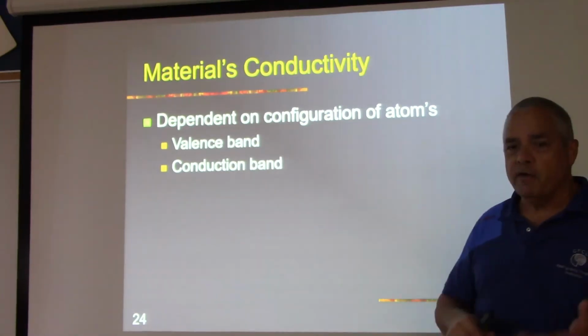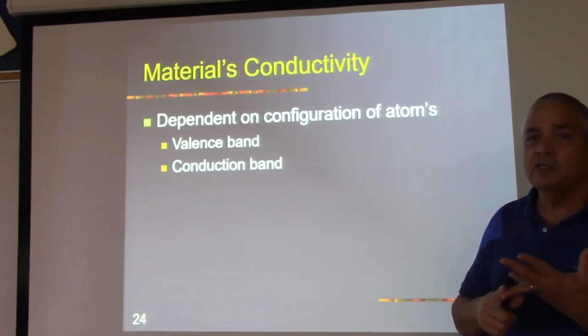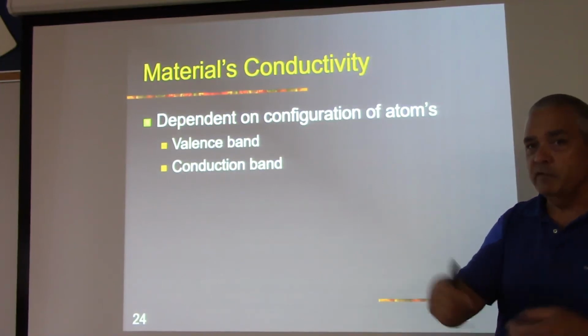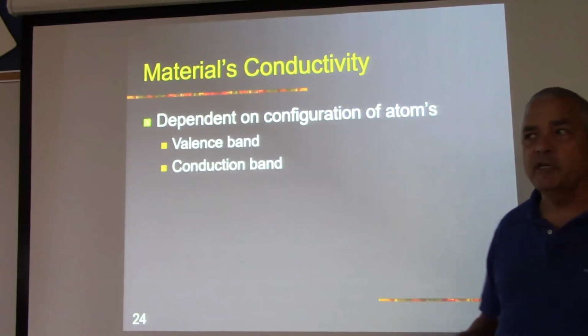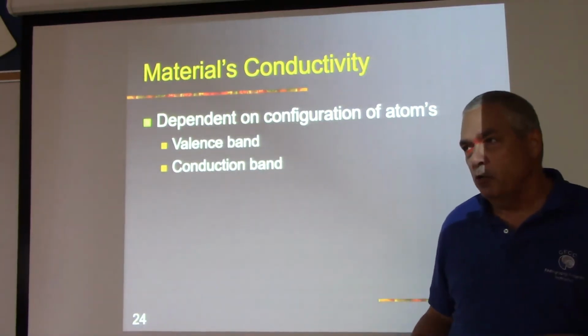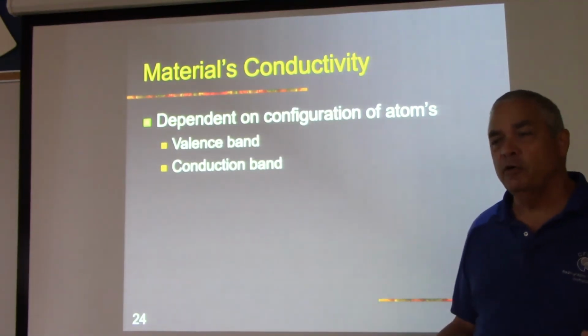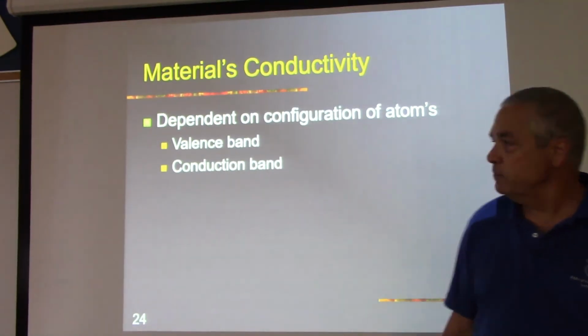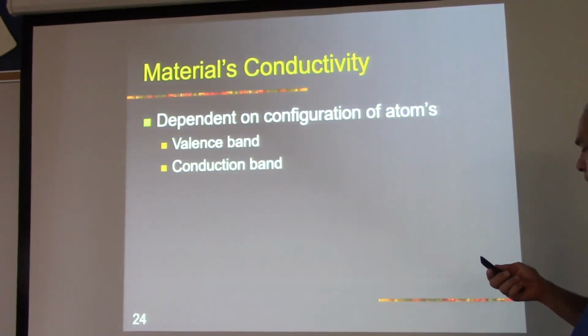A couple of them. A, it conducts electricity really, really well. It conducts heat really well, so we can vent heat off of a copper conductor. And the other thing is it's relatively cheap. We can go out and dig it up in the ground a lot easier than we can gold. So we use copper for a lot of our wiring needs.